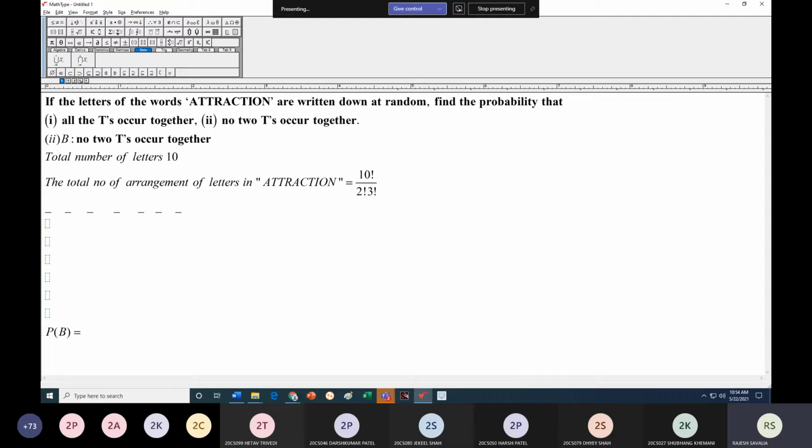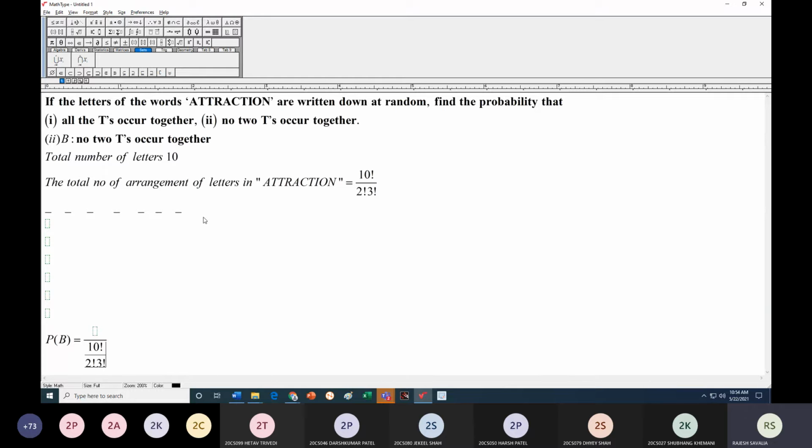That we have seen. Am I right or wrong? Fine. So we have the denominator, we are going to evaluate the numerator. So denominator is 10 factorial divided by 2 factorial into 3 factorial. Is it okay?